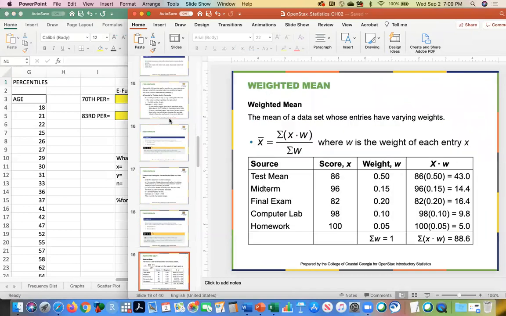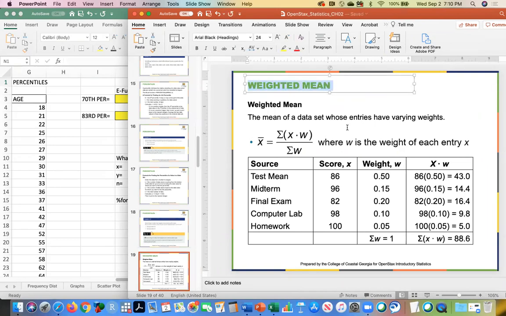Also, when we have group data, sorry, not group data, some of the measures of location and central tendency can also be the weighted mean, the weighted average.